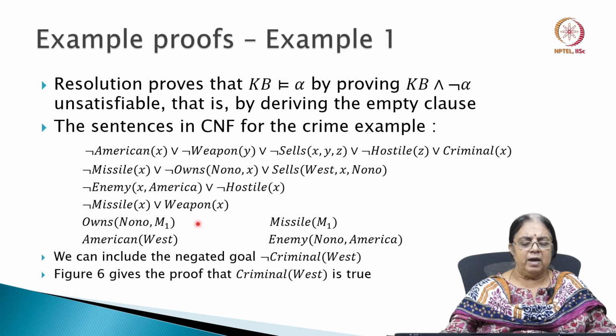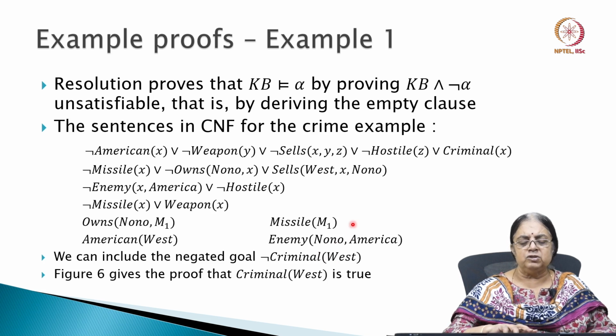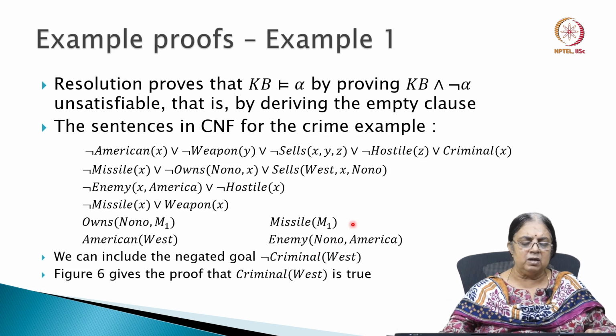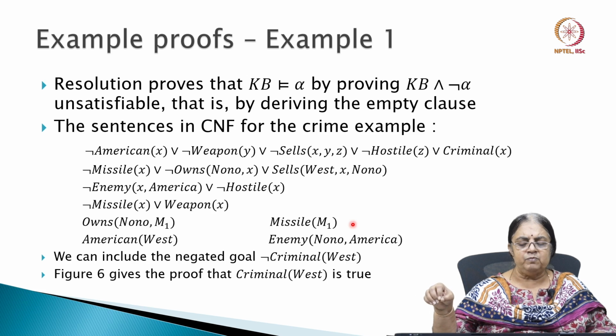Okay, and the goal is to find criminal West, so we take not criminal West, okay, and add it to this knowledge base, and what we do is we carry out resolution using this, and we need to come up with the nil predicate in the end. Okay, if we come up with the nil predicate, it means that criminal West is true.